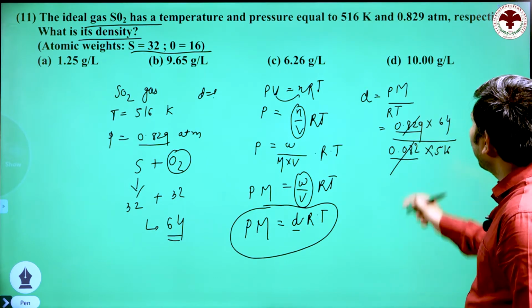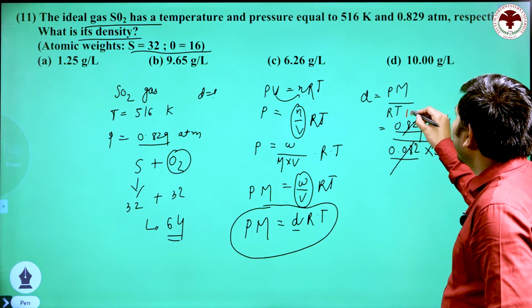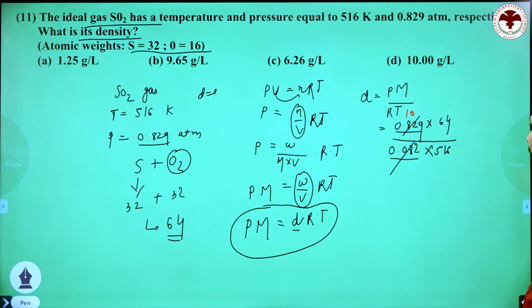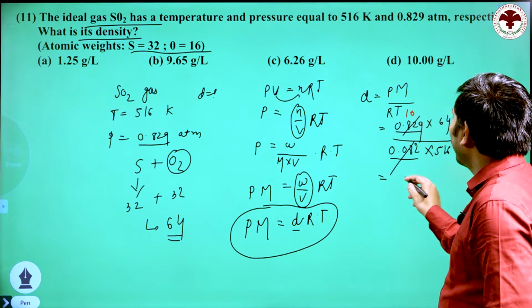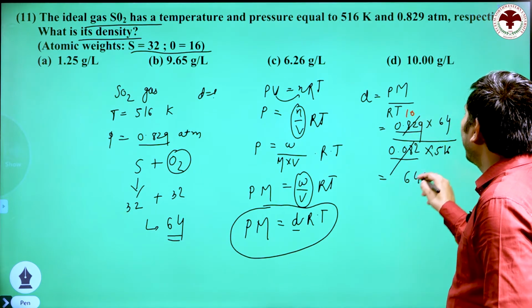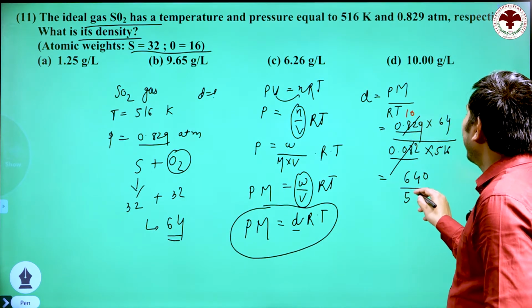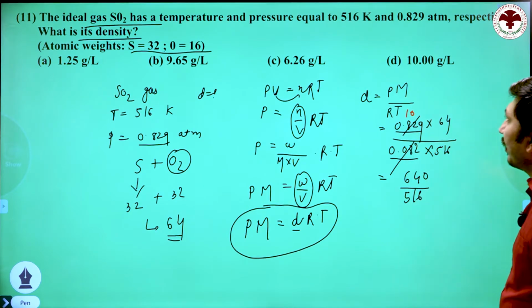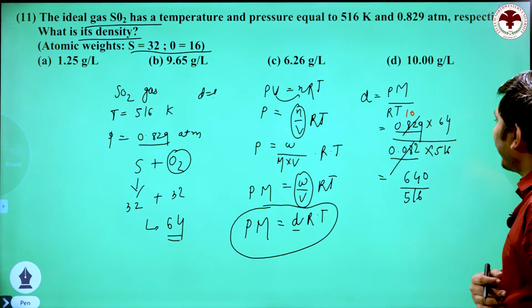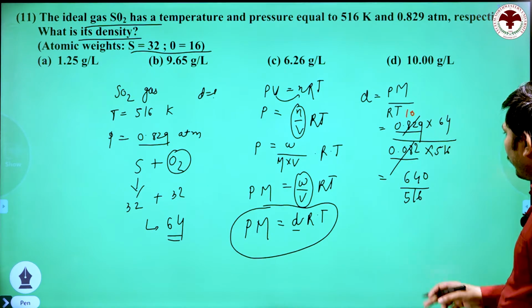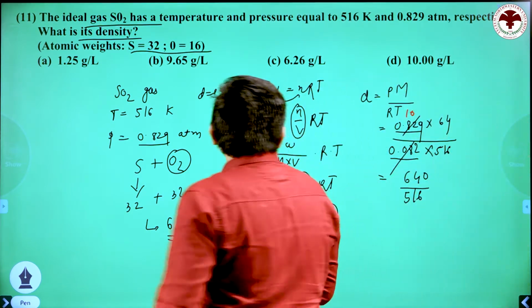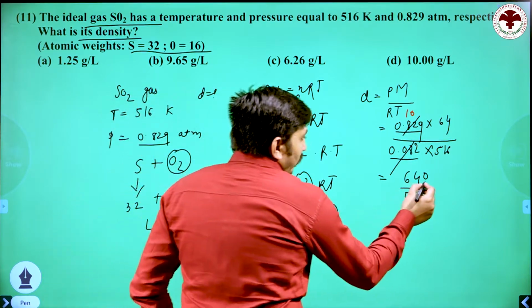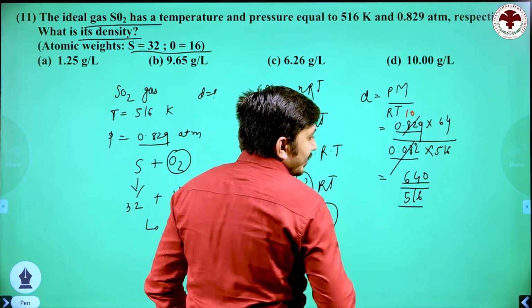The resulting factor is 10. 10 into 64, so what do we get? We get 640 divided by 516.